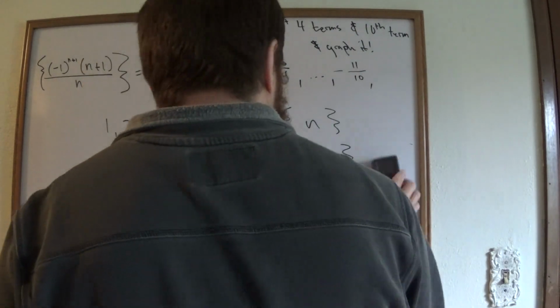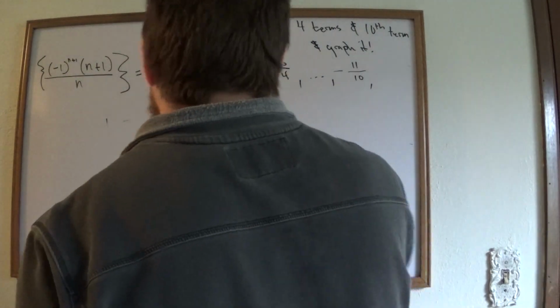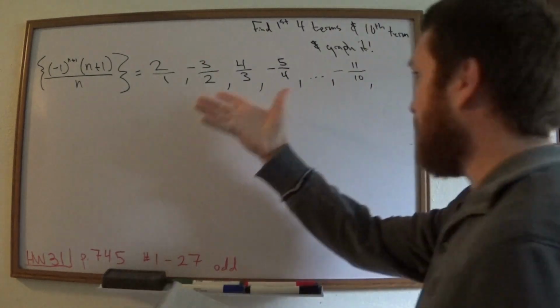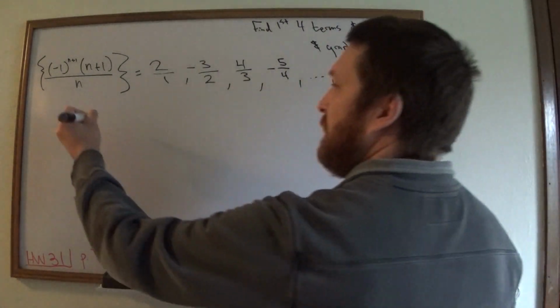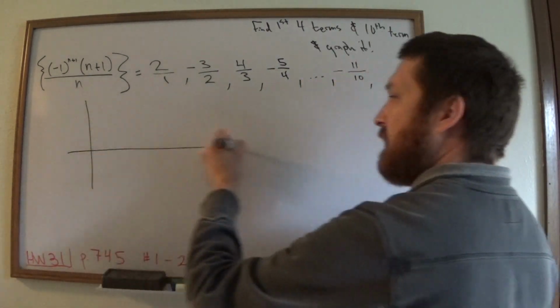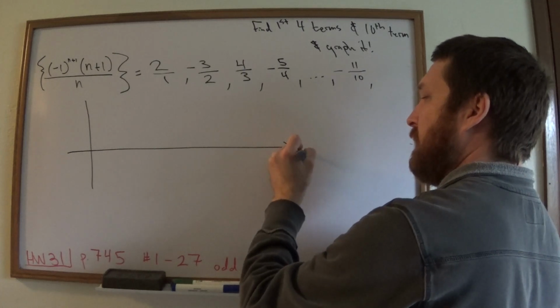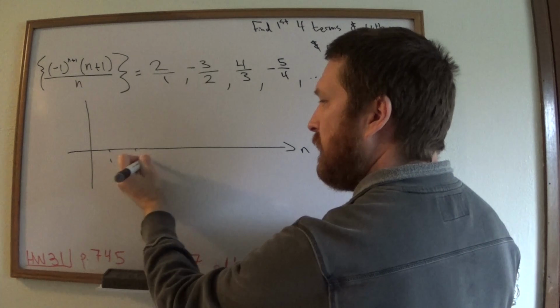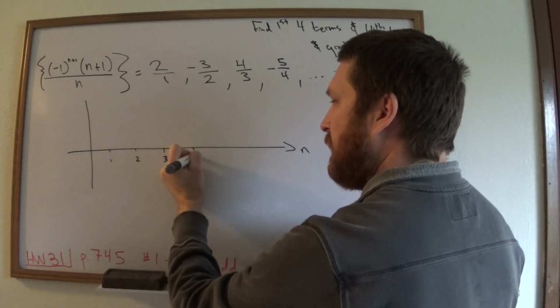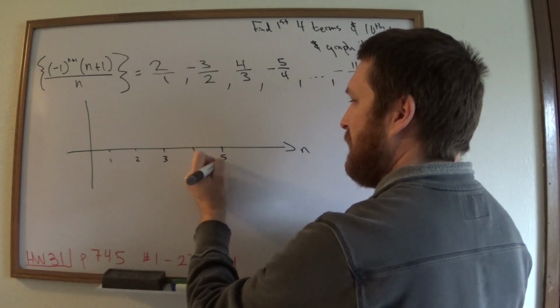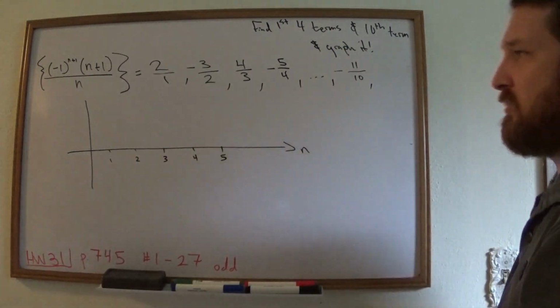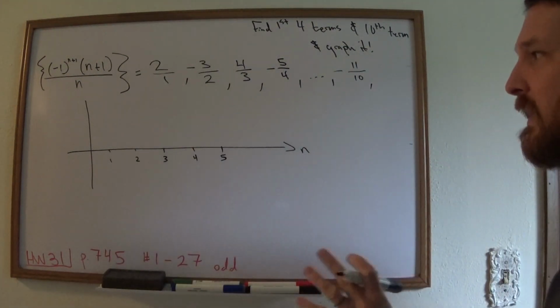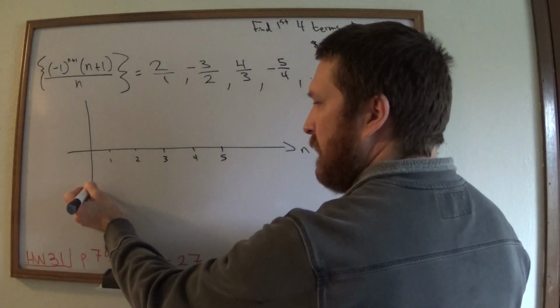Okay, so now we need a graph. I'm going to graph this guy, and we know we're starting at 1. We're going to go 1, 2, and for your homework, you don't have to go all the way to the 10th term or anything, just as long as you get the general idea of what's going on here.